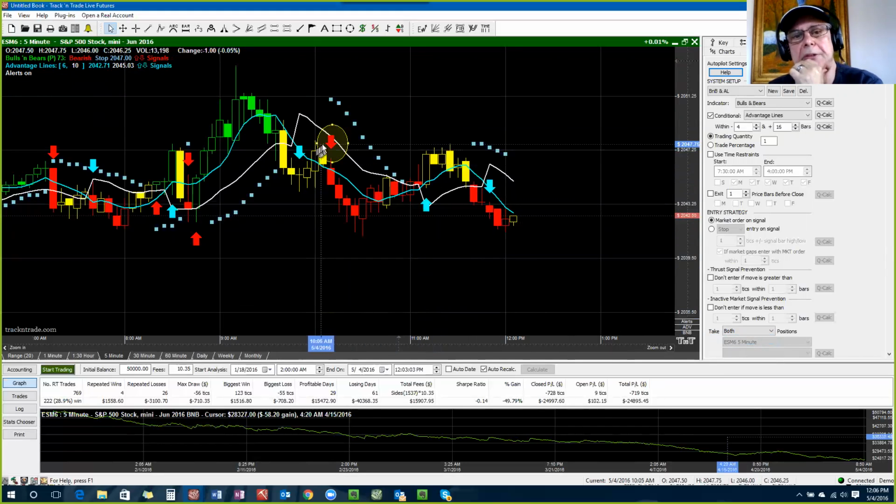Here it's telling you 4 before or 16 after. So we didn't have an advantage line 4 before. 1, 2, 3, 4. Yeah, we did. It would have taken that trade short on this bar here.